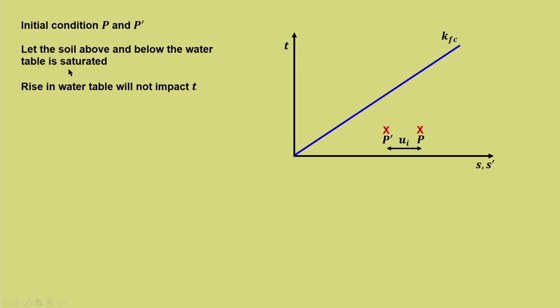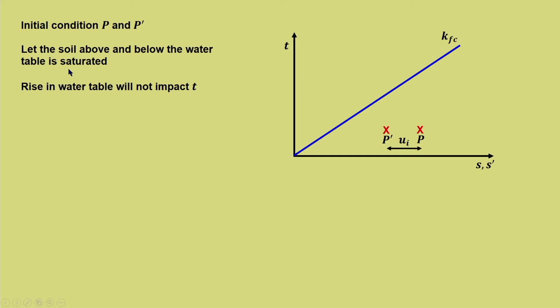So, if we presume that soil is more or less saturated, then there is nothing much that is going to change in T. So, that is the reason why it is assumed that the soil above and below the water table is saturated. Therefore, rise in water table will not impact T, because T is not influenced by pore water pressure.